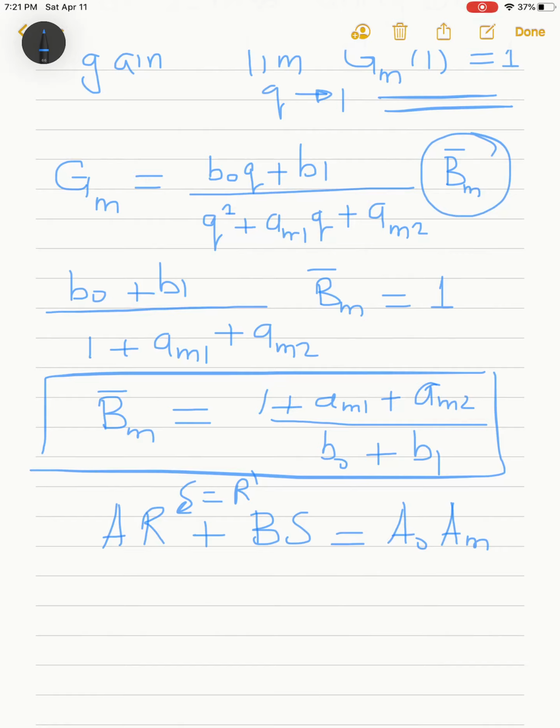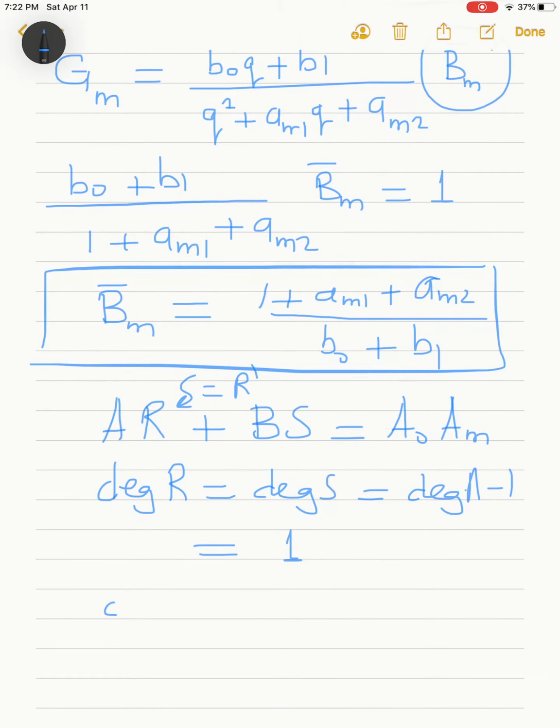We are not cancelling any of the process zeros, so that's why R appears in the equation to be solved. We take the degree of R equals the degree of S equals the degree of A minus 1. So that means the degree of R and S will be equal to 1.